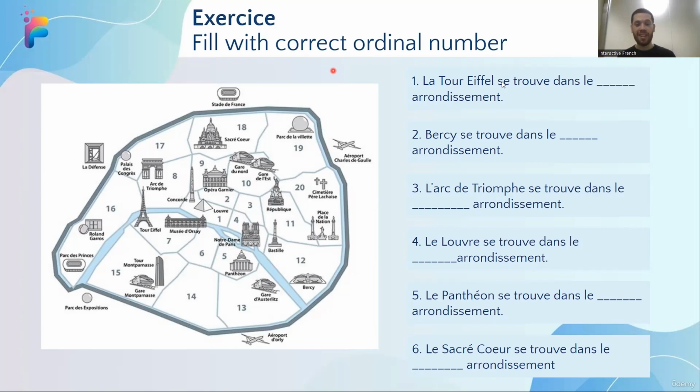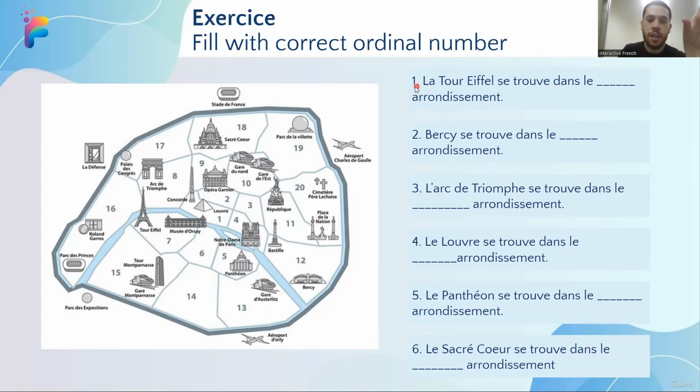Paris is divided in what we call arrondissements. An arrondissement is basically the borough in English, the district, if you will. So, for instance, we have here le premier arrondissement, le troisième arrondissement, le 20e arrondissement, and so on and so forth.